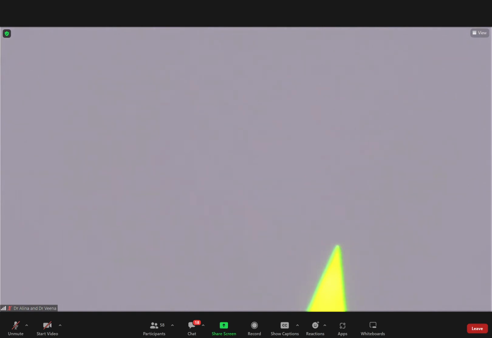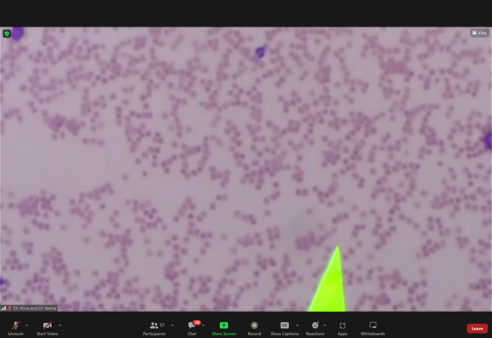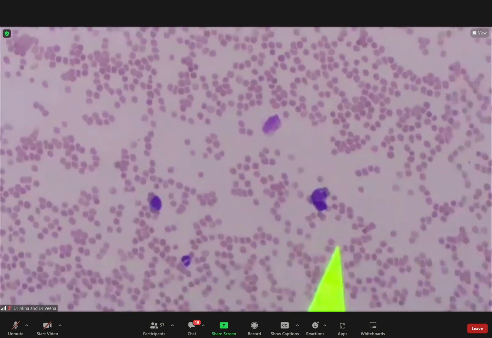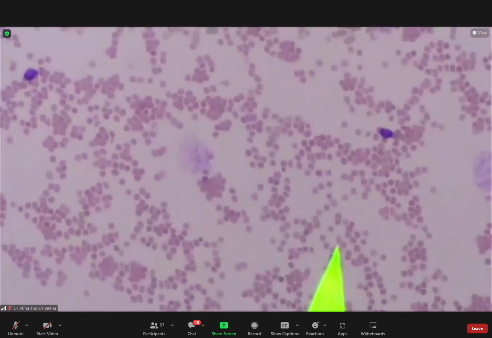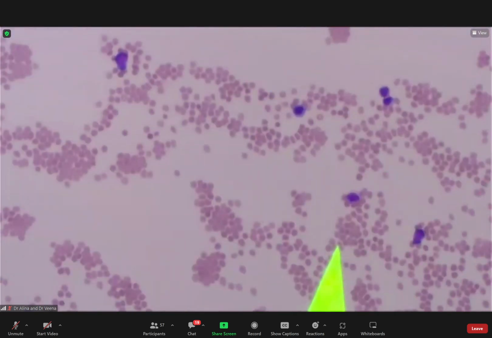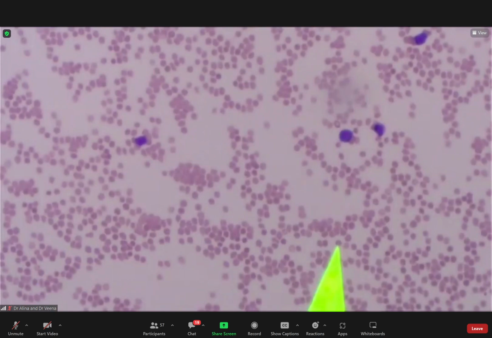Okay. This next case is a 57-year-old man presented with body pain with reduced sensation and paresthesia over the mandible area. So following the previous case, this patient also has some funny looking lymphoid cells or white cells.